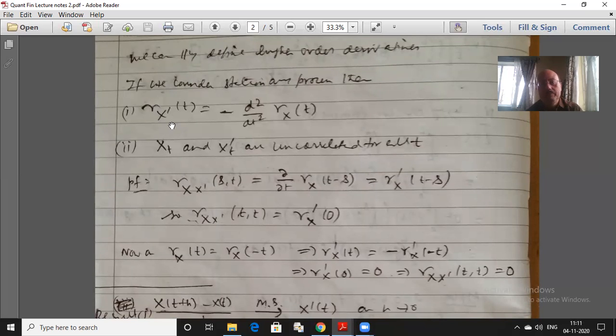Regression is in discrete time, but if you think of it as infinitesimal change, then it is actually a differential equation. Does that connection make sense? Yes, sir.